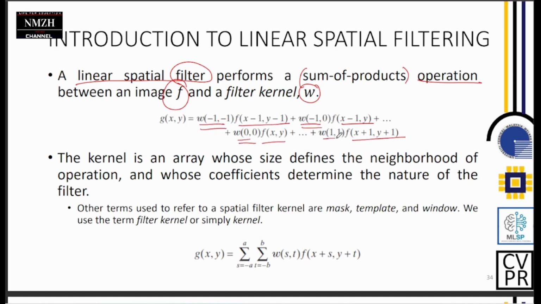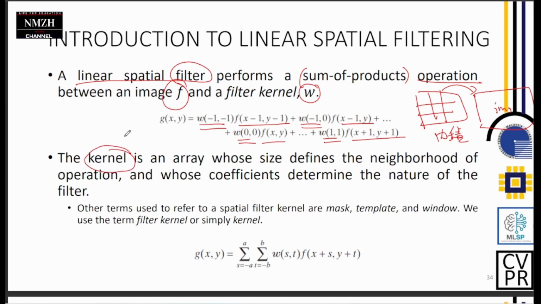The one we talked about just now is the 3 times 3 kernel with the inner product for the image. The kernel is an array whose size is defined by the neighborhood of the operation, and whose coefficients determine the nature of the filter. So by defining the kernel itself, that determines the nature of the filter later on.